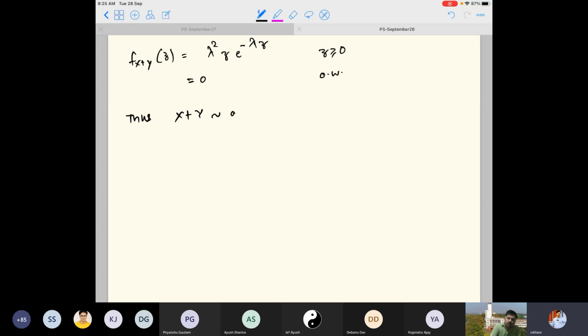So X plus Y follows a gamma density, and the parameters are lambda and 2. The density is lambda to the alpha divided by gamma alpha, z to the power alpha minus 1, e to the power minus lambda z. You substitute alpha equal to 2, then you get z to the power 2 minus 1, so you have z. Is that fine?